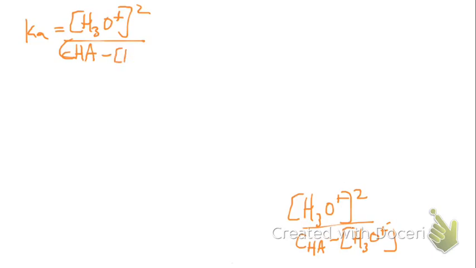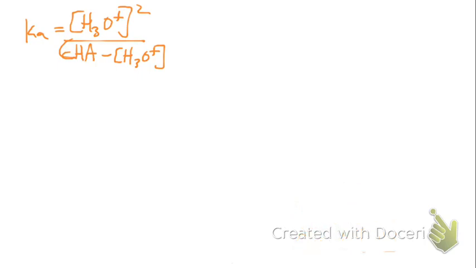CHA minus. So we have this. We get to this point. What happens if we made an assumption? We're going to assume that dissociation is not happening as much as we think it's happening. And so we're going to assume that this is about the same as this.